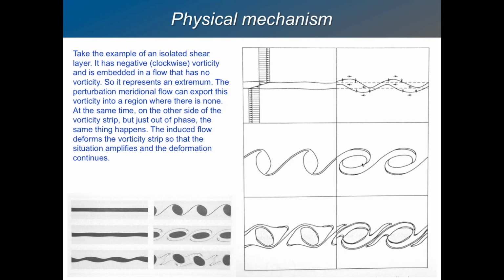This is a laboratory simulation: they've taken some kind of flow in a giant fish tank, introduced a very well-controlled shear layer into the flow, and just let it go. They maybe put in a little perturbation, and it develops this wave, which turns into these vortices. It looks very much like the computer simulation. So that's barotropic instability.